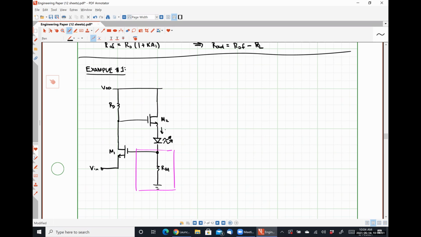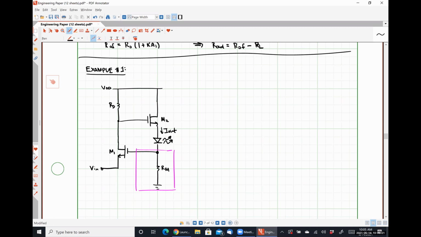My output signal here, we'll put it as I out in this particular place. So what's going on here is we have a common base amplifier effectively creating an input voltage for a source follower amplifier, and our output for our source follower stage is the drain current of transistor M2.